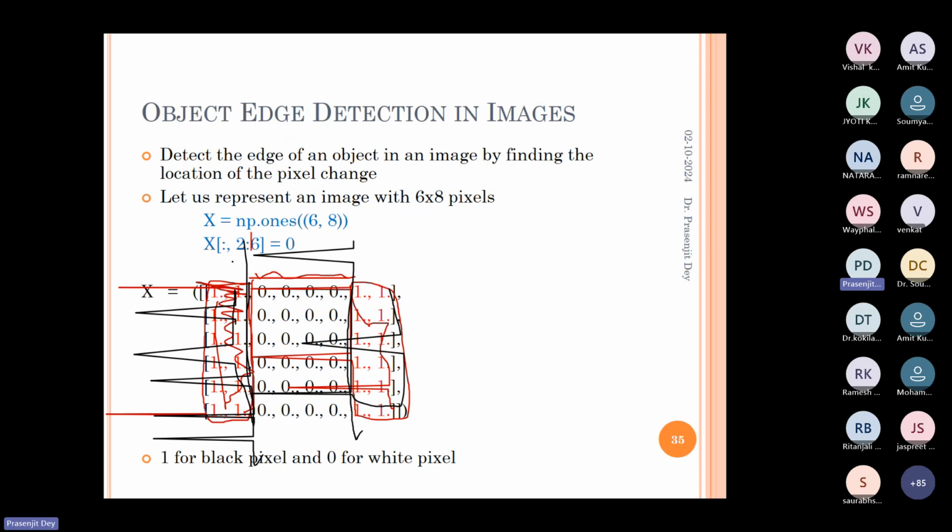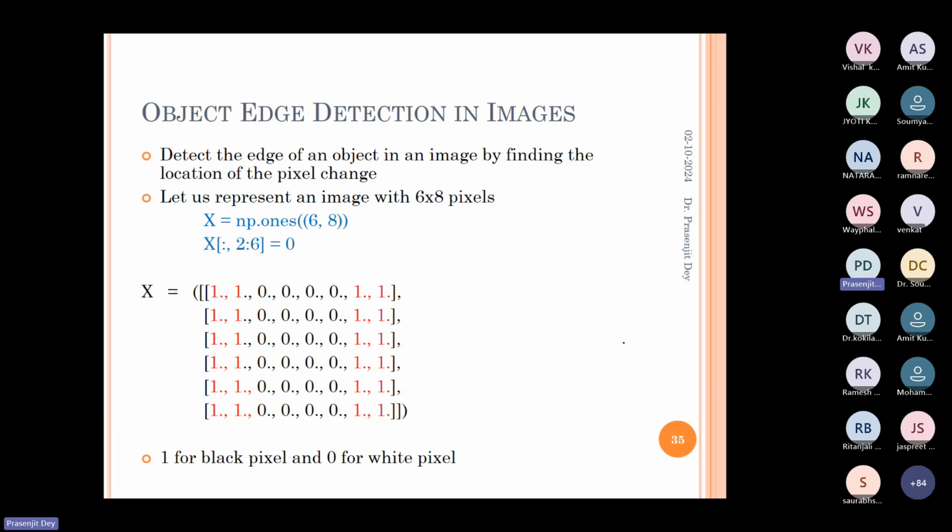Now your job is to find out or detect the edges present in the image. How are we going to do that? I am not asking for a complex task like finding the beak of a bird, which can be difficult. But the beak of a bird may consist of multiple edges. Suppose this is the beak of a bird.